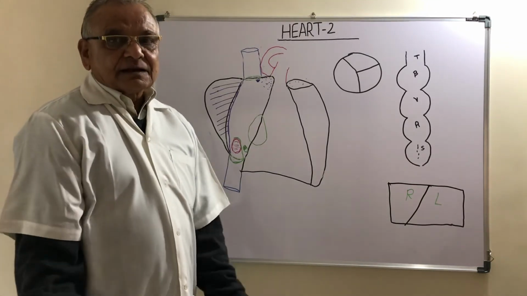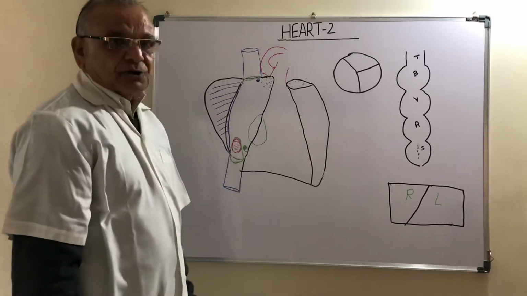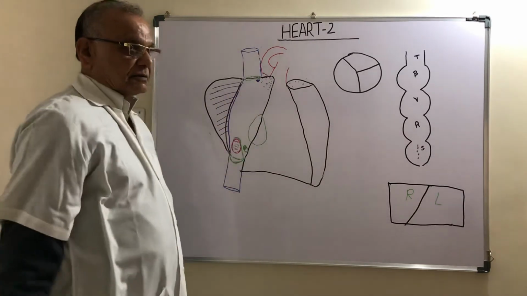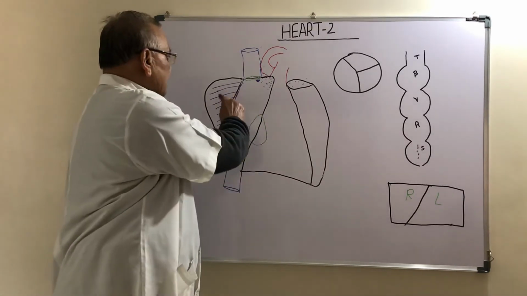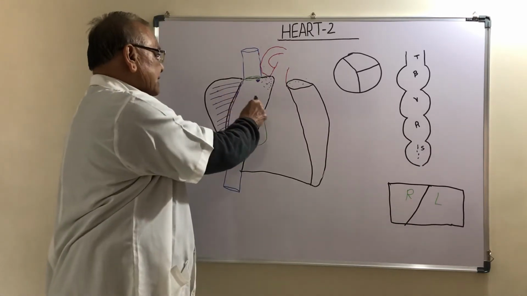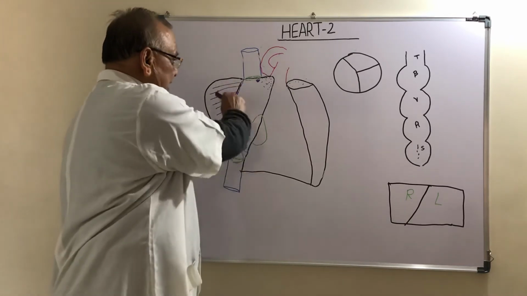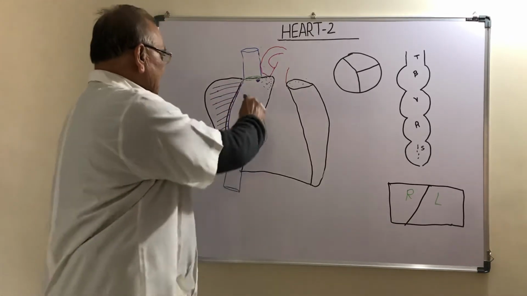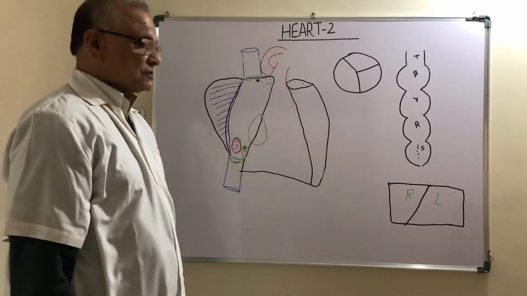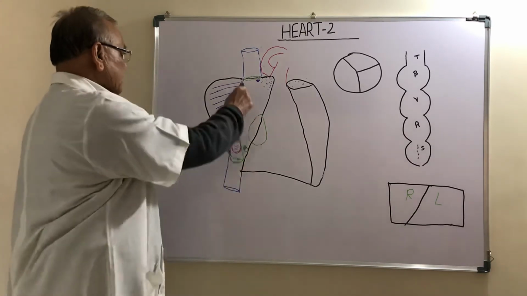So we can say that crista terminalis divides the interior of the right atrium into anterior part and posterior part, or rough part and smooth part, or pectinate part and sinus venarum, or part developed from the primitive atrium and part developed from the right horn of sinus venosus.